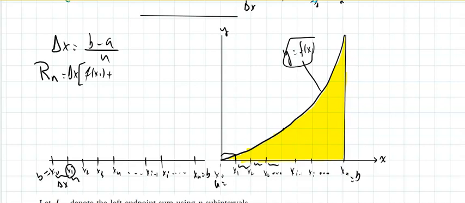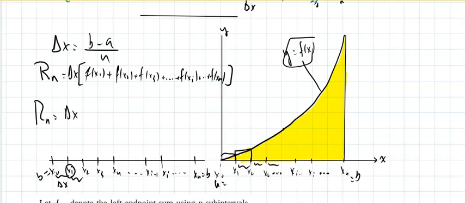Plus, on the second interval, don't you take this height, f of x sub 2, f of x sub 3, dot dot dot, f of x sub i, plus f of x sub n. And wouldn't you say the right-hand approximation is delta x times the sum from i equals 1 to n of f of x sub i?